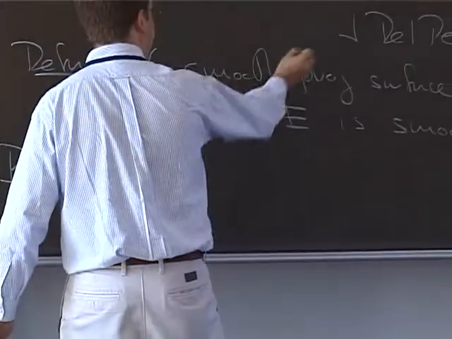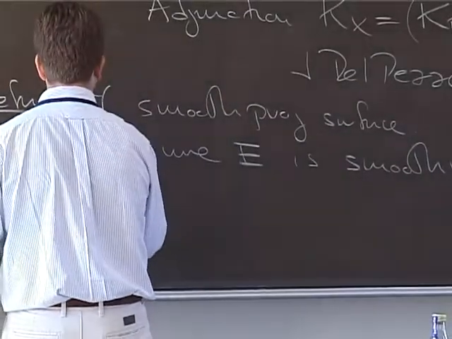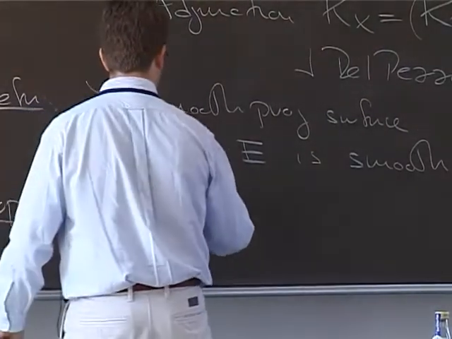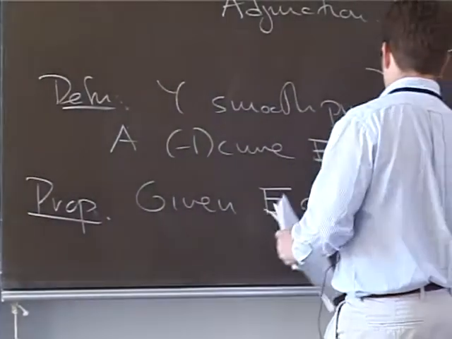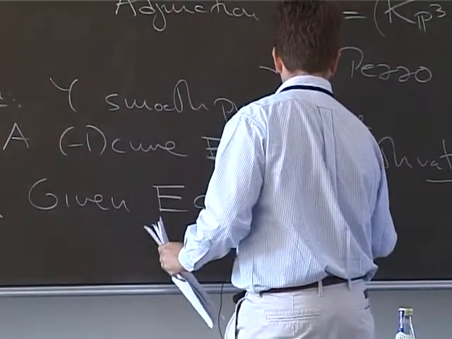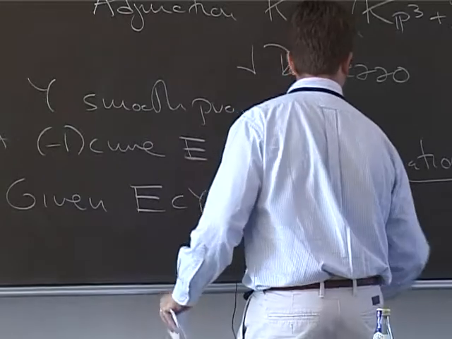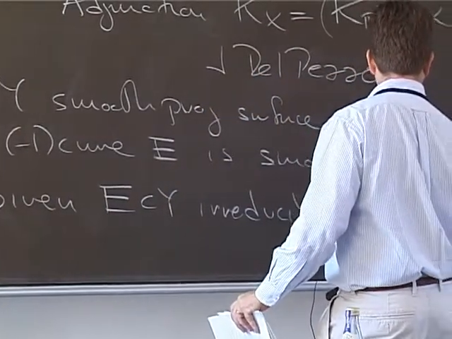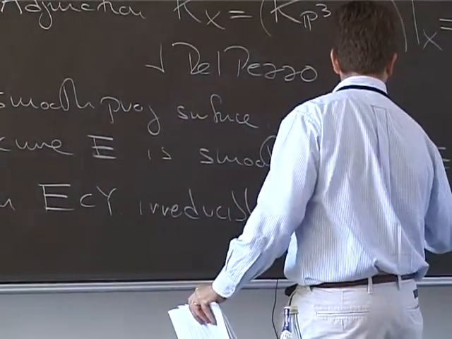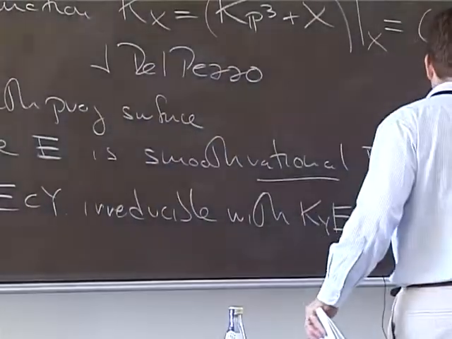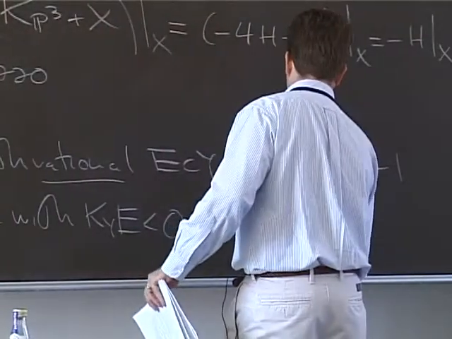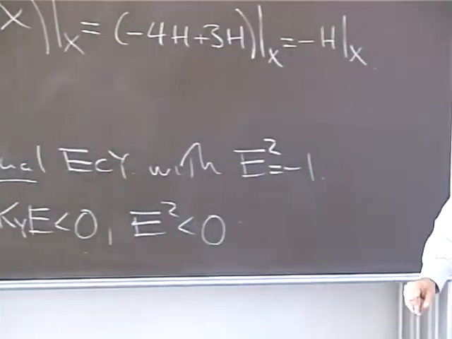So let's say we again have Y a smooth projective surface, and let's say we're given E in Y irreducible, so that the canonical class with E is negative and E squared is negative.